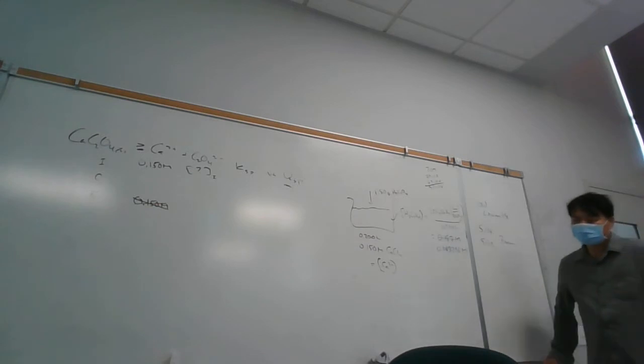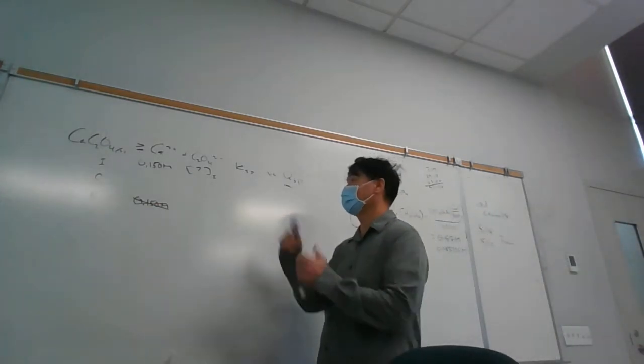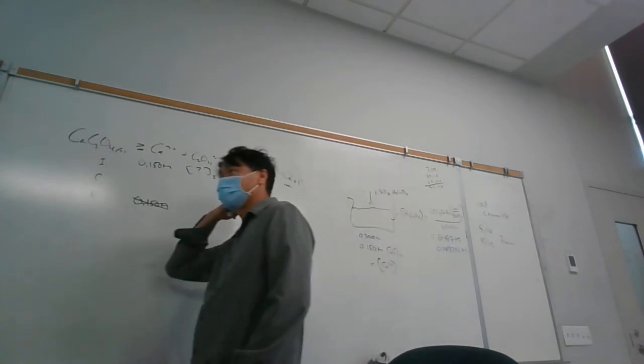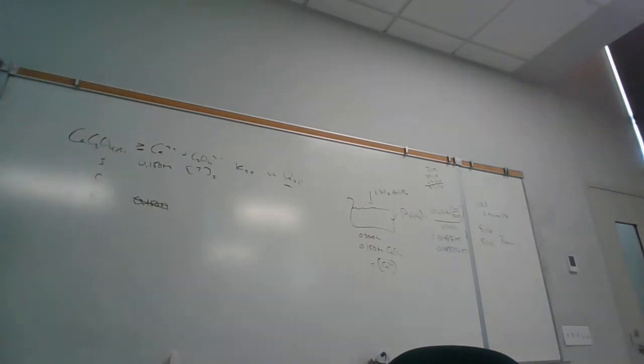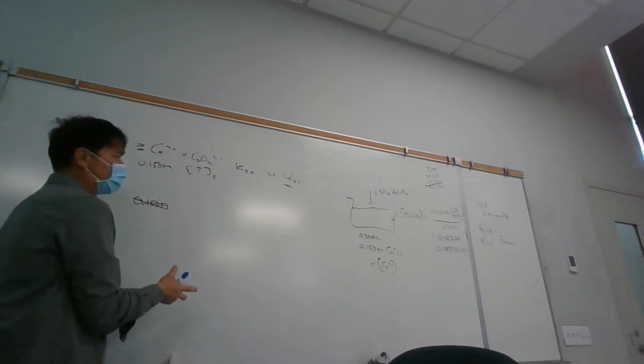Whenever they're asking whether something will precipitate or not, we have to ask ourselves about the QSP, so what are the concentrations here? This problem is more complicated because this is oxalic acid. In order for precipitation, we need free oxalate ion. We can't have oxalic acid, although it could happen, but we want to know what the free oxalate ion is.